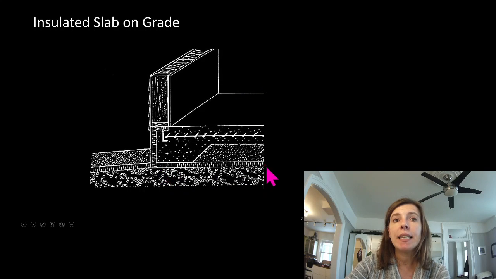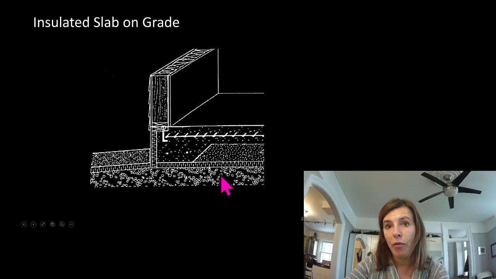So we actually need to build our slab on grade on insulation. So here's our soil capable of 24 kPa. Here's our clear crushed stone. And instead of the clear crushed stone being on the native fill with the 24 kPa capacity, we've put this layer of insulation in between it. And we've protected over here to make sure the frost can't get at it.